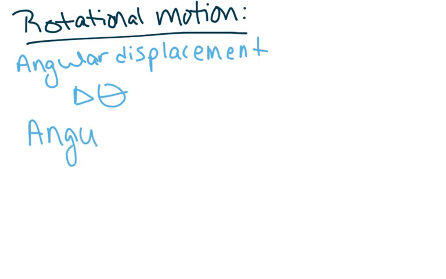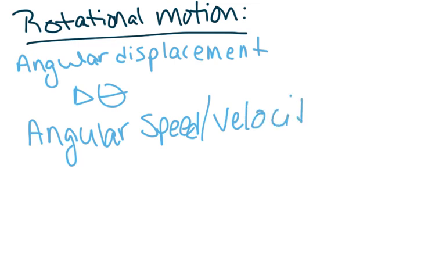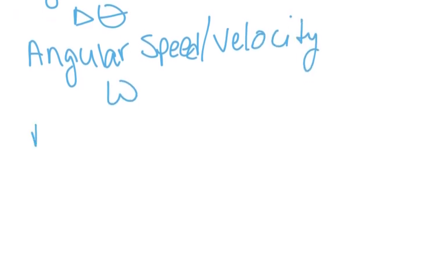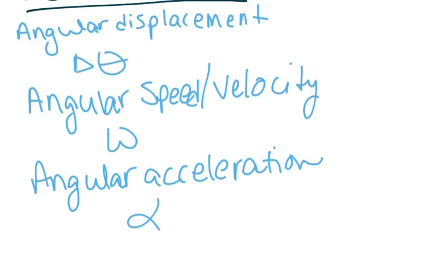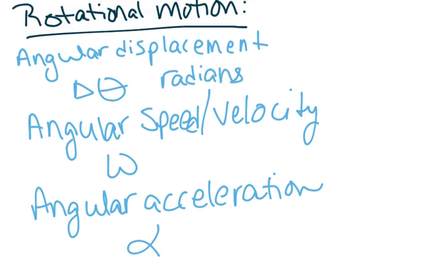Angular velocity or speed is the omega, which looks like a W, and then angular acceleration is alpha. Okay, and then the units for these are radians or rads.